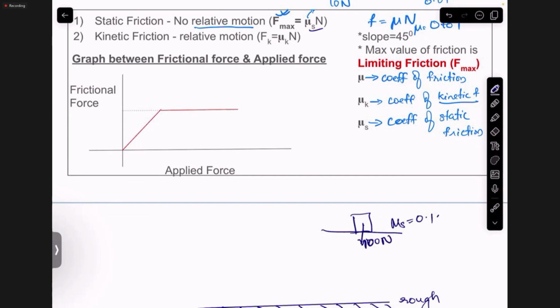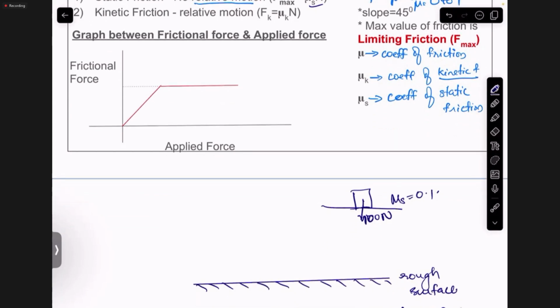So that will compute to an F max of 0.1 times 100 Newton, which will be 10 Newton. That's how you calculate the F max.